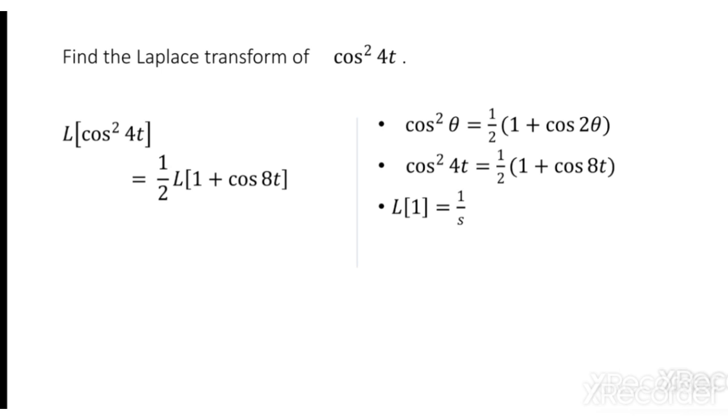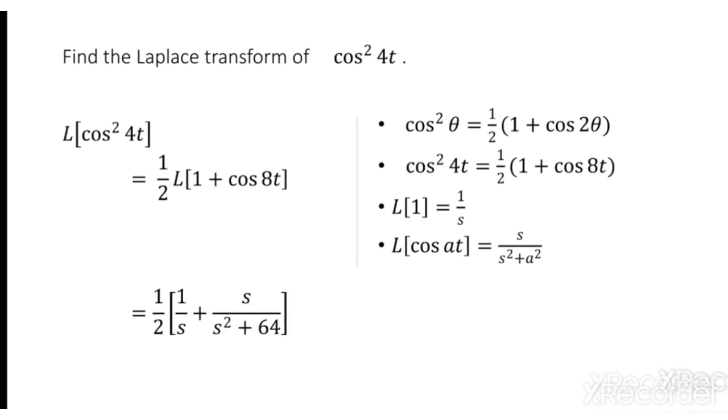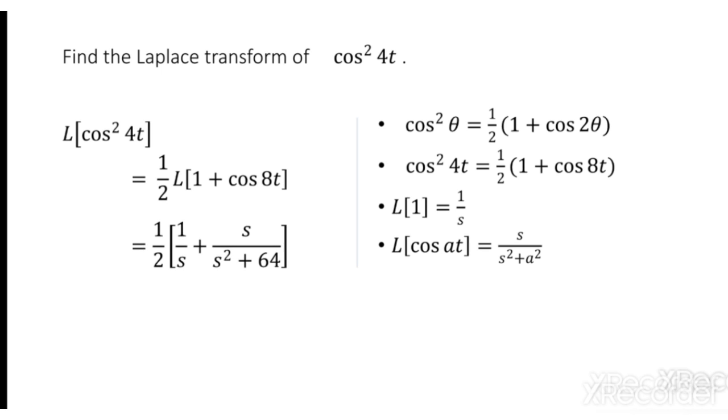Earlier we have taken L of 1 is a standard result, 1 by s, as well as cos at we know s by s square plus a square. That's why we get L of 1 by s plus L of cos 8t becomes s by s square plus 64. So cos square 4t Laplace transform we get by using this technique.